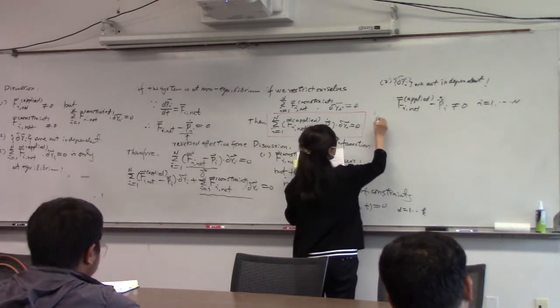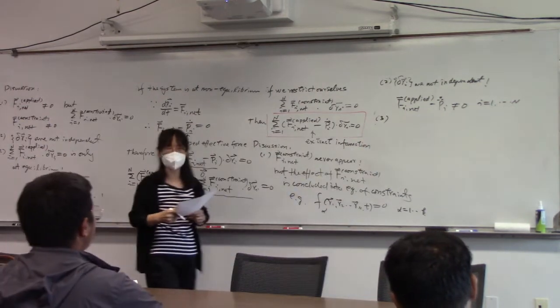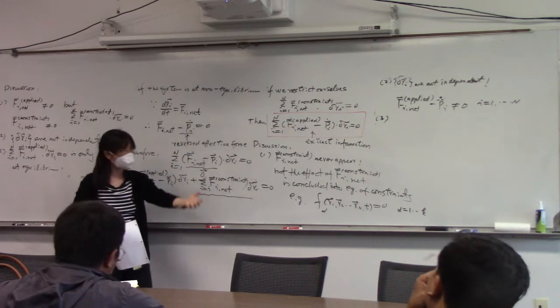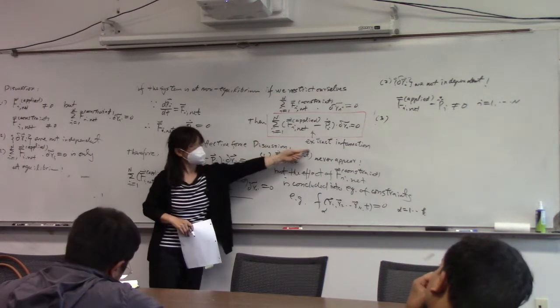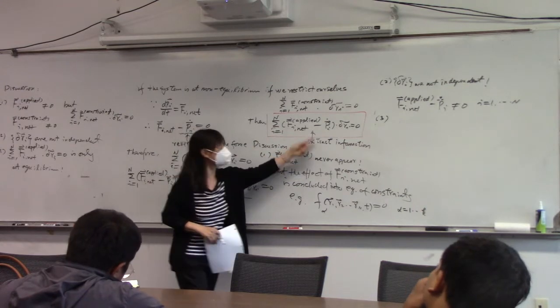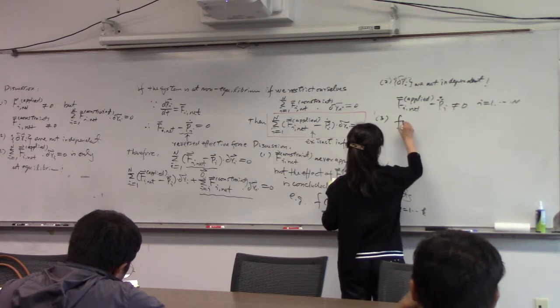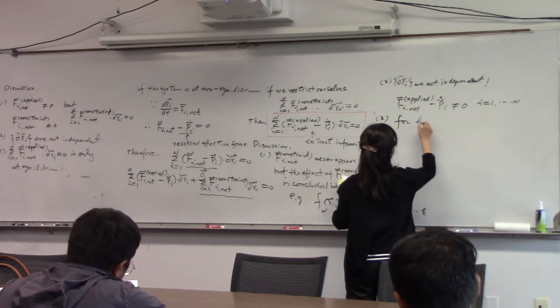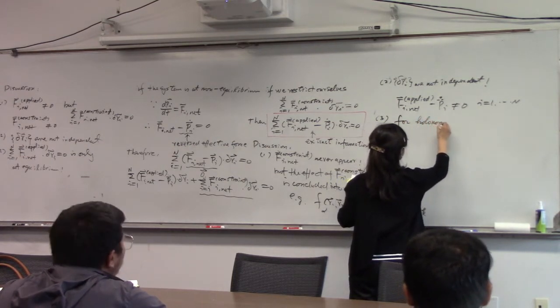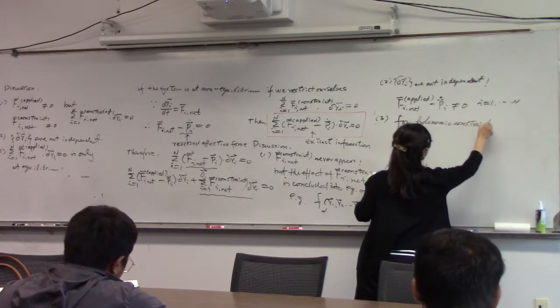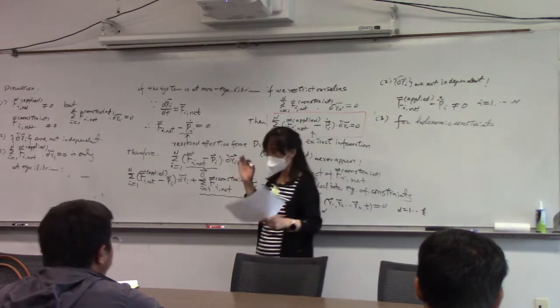Now the third one. So now we are going to go to the details. First, we just know what the condition is, what the background is. Now we are going to extract information from here, how to get it. So this can only be for the holonomic constraint. If not, then we need to discuss later, right?